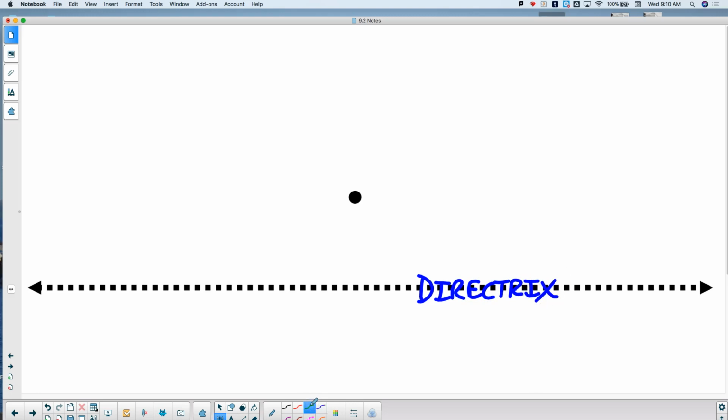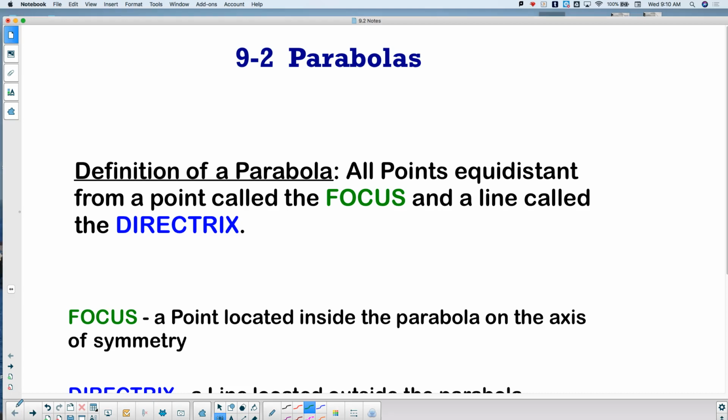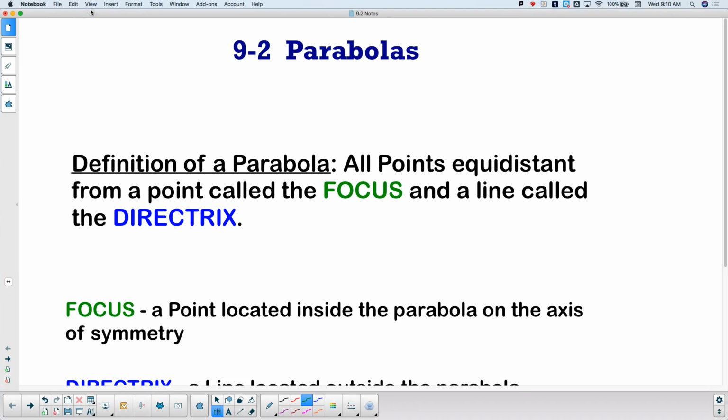And this point is called the focus. So the focus is located inside the parabola. Okay? And it is on something called the axis of symmetry.